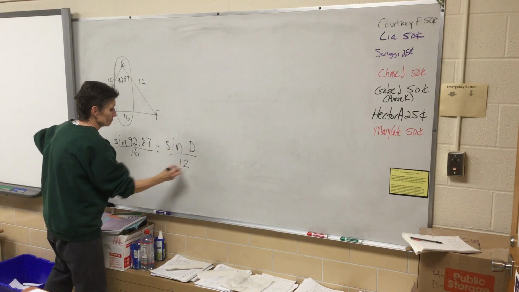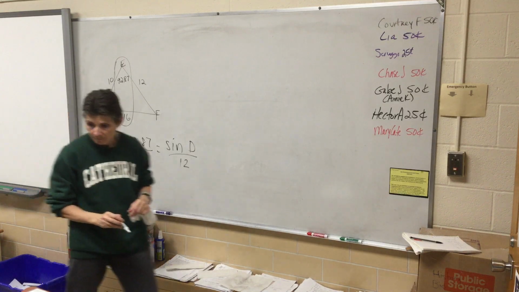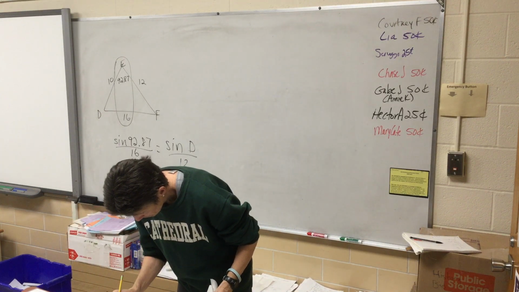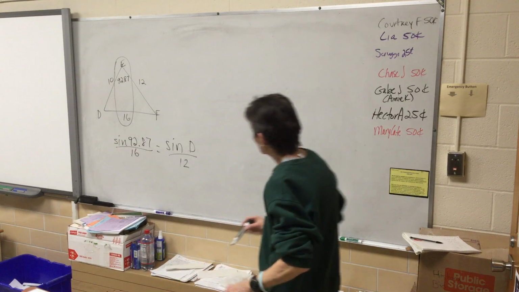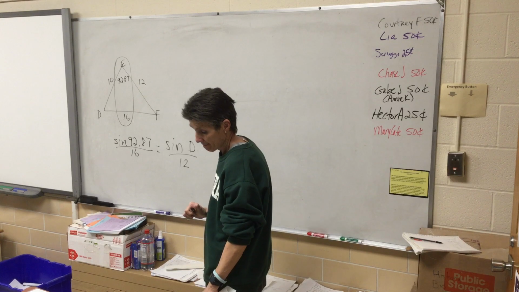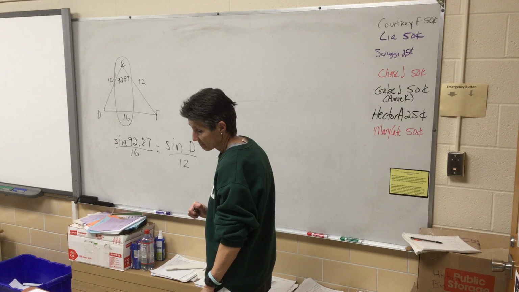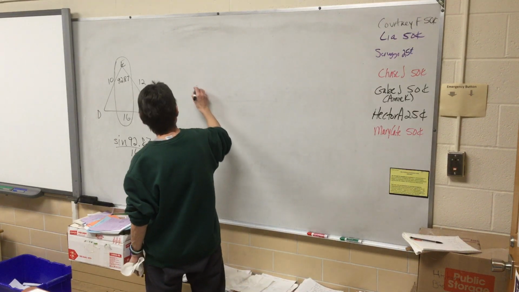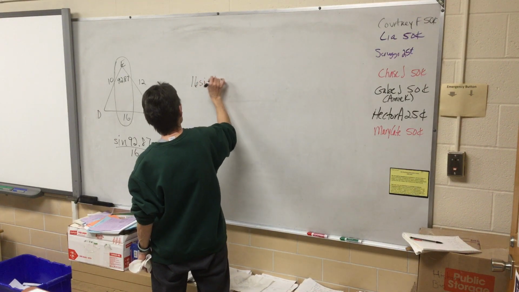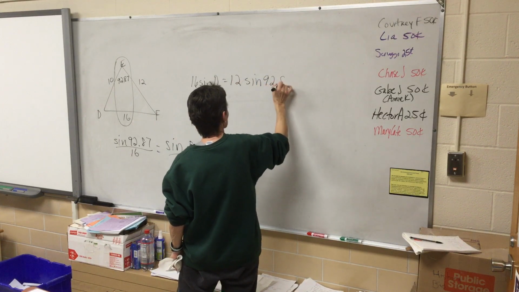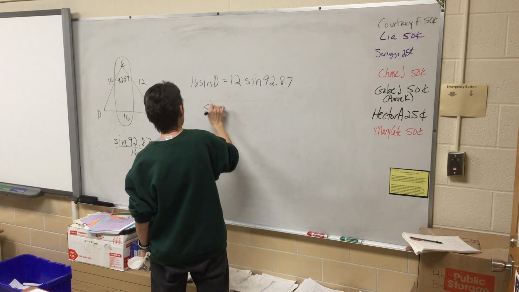Yep. That'll work. And then, what do we do? You cross multiply, so 16 sine D equals 12 sine 92.87, and then divide by 16.